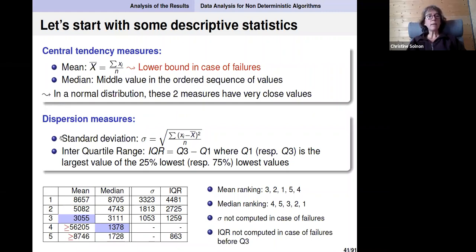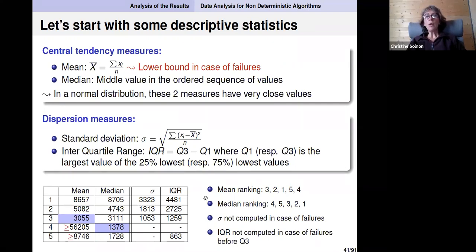Now I can compute some measures to have an idea of the dispersion of my measures. I can compute the standard deviation, which is reported in this column, but I cannot compute it as soon as I have runs which have reached the time limit. I can also measure the difference between the third quartile and the first quartile. The first quartile is the largest value among the first quarter of the lowest values, and the third quartile is the largest value for the 75% lowest values.